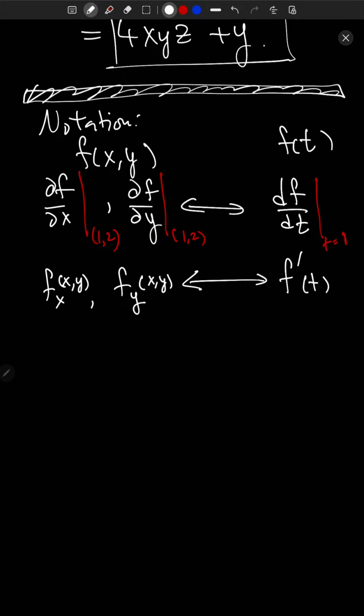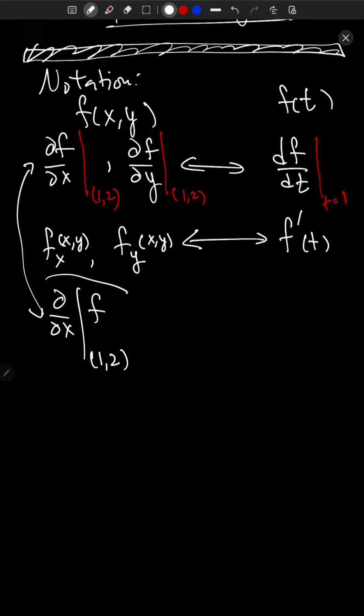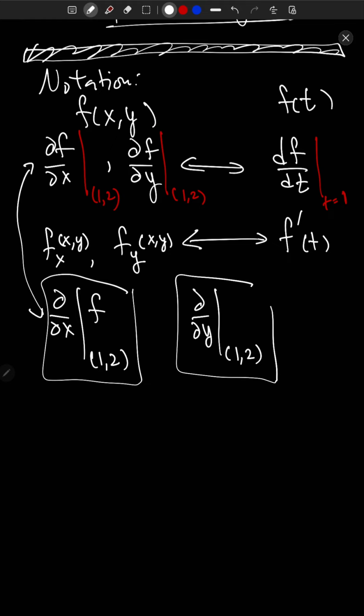An alternate notation for partial f partial x evaluated at 1 comma 2 would be d/dx at 1 comma 2 of f. That's literally the same thing, just a notational difference. I actually like this second notation better, because if you take more math, you'll see that this d/dx and this d/dy actually represent mathematical objects.